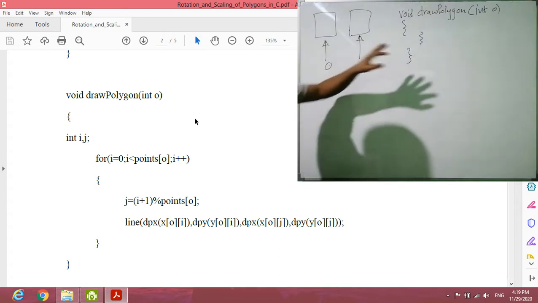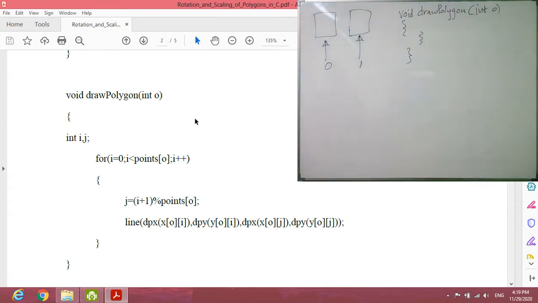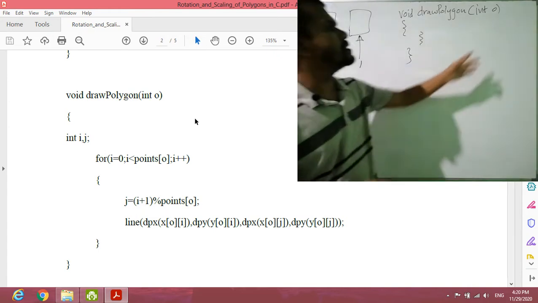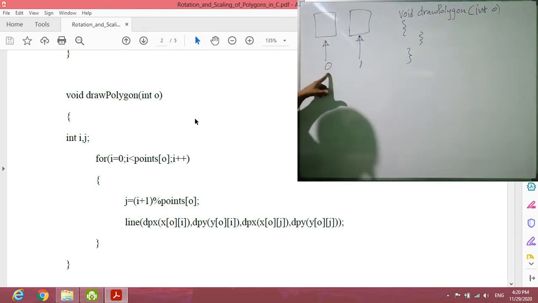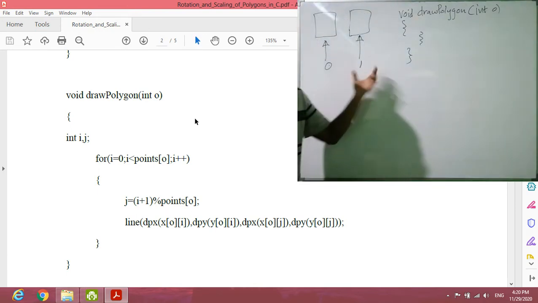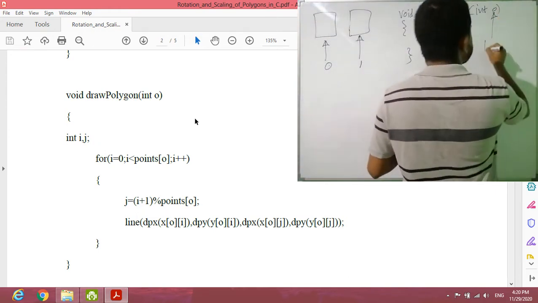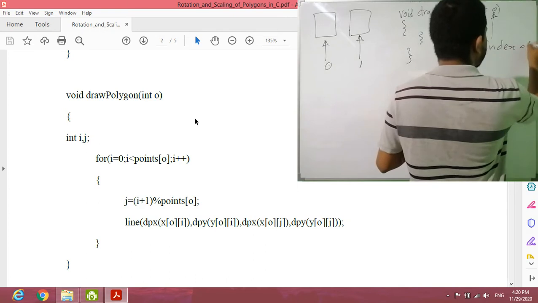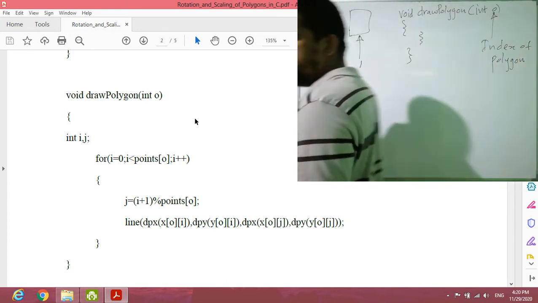However, when you use draw polygon, the purpose of this function is to draw the square or the polygon on our screen. So here we pass the index of the polygon. If you want to draw this one, here we pass 0. If you want to draw this one, here we pass 1. So here we have to pass the index of the polygon.